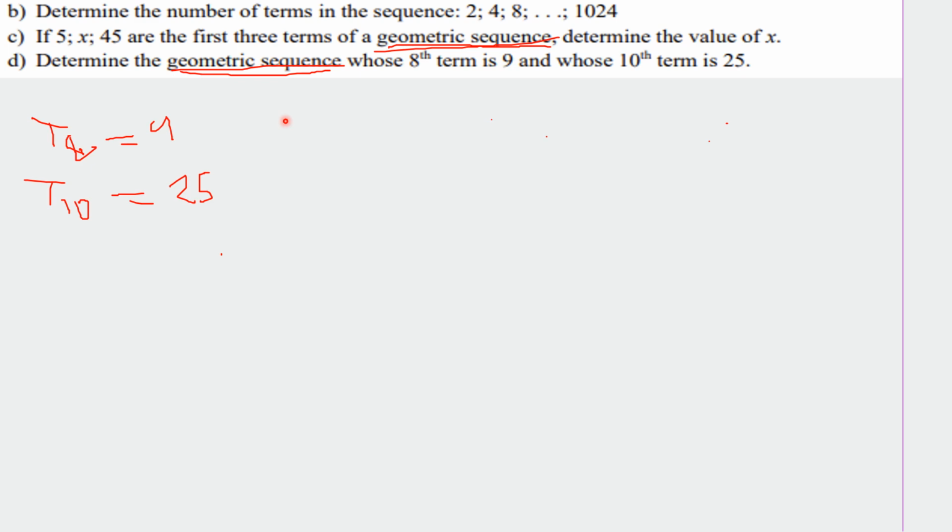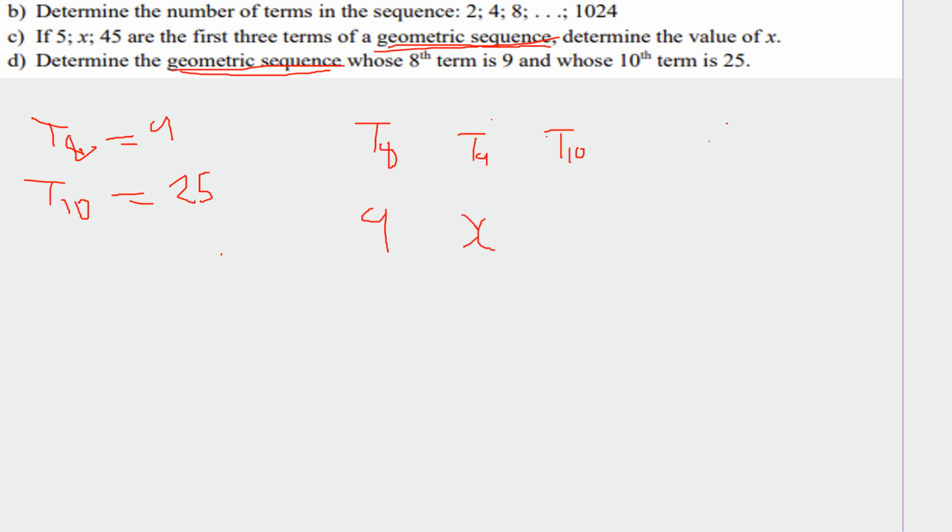So they have given us the value of term number 8, but we don't know the value of term number 9. They have also given us the value of term number 10. So we can say term number 8 is going to be 9, and the value of term number 9 we don't know, we can say is x.